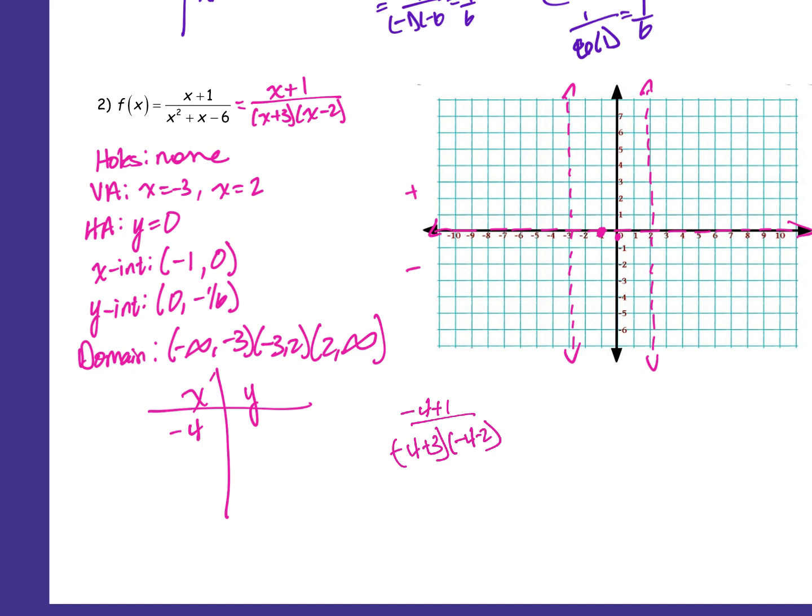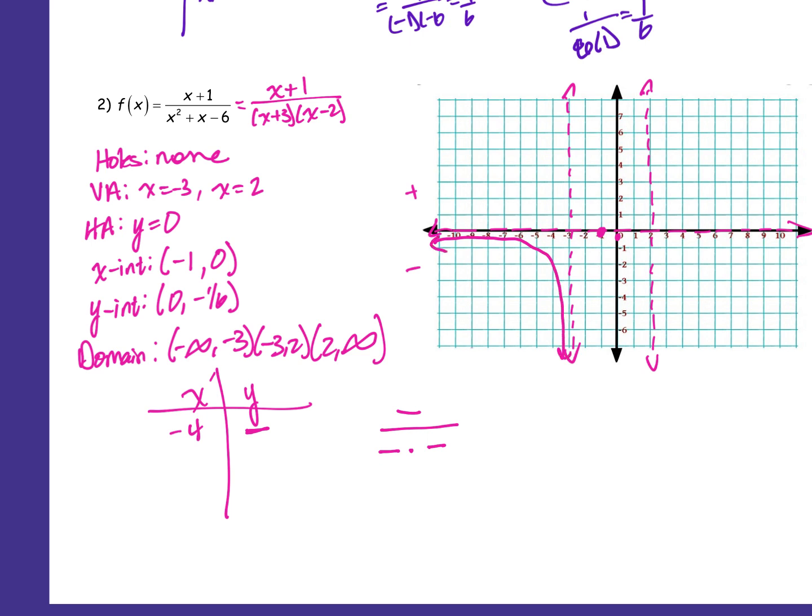So I could figure that out really easy. Let me do this really quick. So -4 plus 1 is a negative, right? It's going to give me a negative value. -4 minus 3 also gives me a negative value, times a negative value. What's that going to be overall, positive or negative? Negative. So this is going to be negative, which means this one is going to be down here this time.